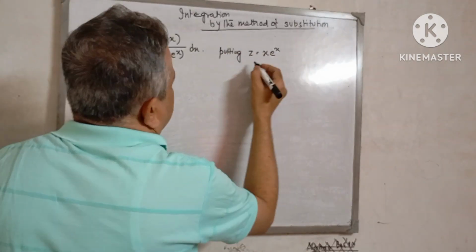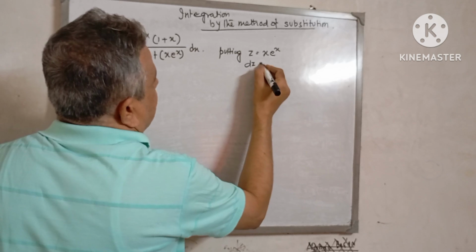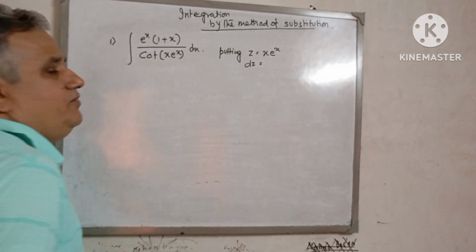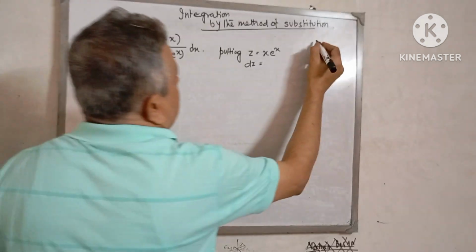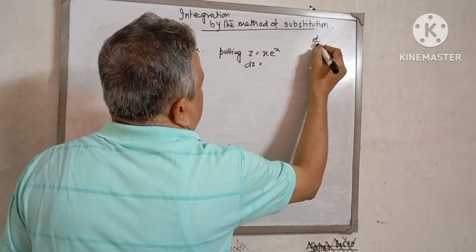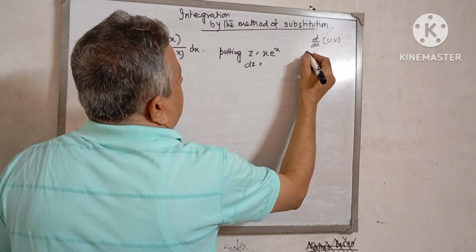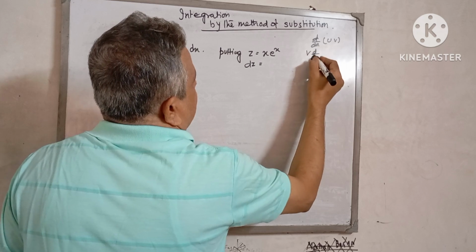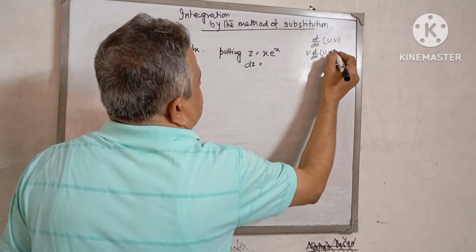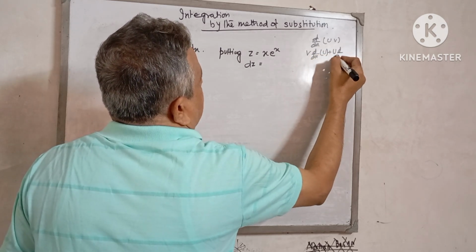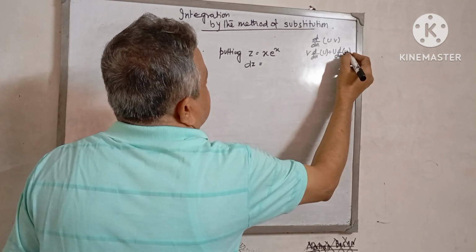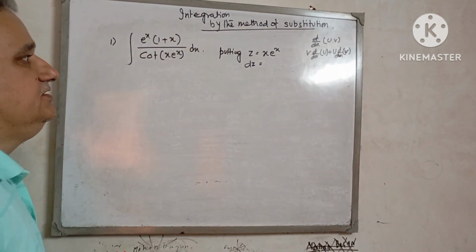Now if we differentiate, dz is equal to the derivative of x into e to the power x, which is in u into v form. That formula is v d/dx of u plus u d/dx of v. This is the multiplication formula for differentiation.